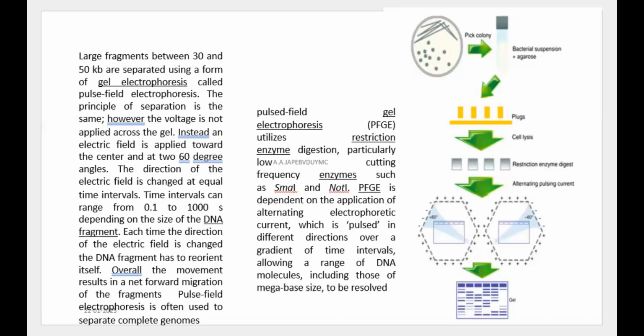So how does it work? Activation of the first electric field causes the coiled DNA molecules to get straightened in the horizontal plane, and they will start to move through the gel. Now, interruption of this field and application of the second will reorient the molecules, right?